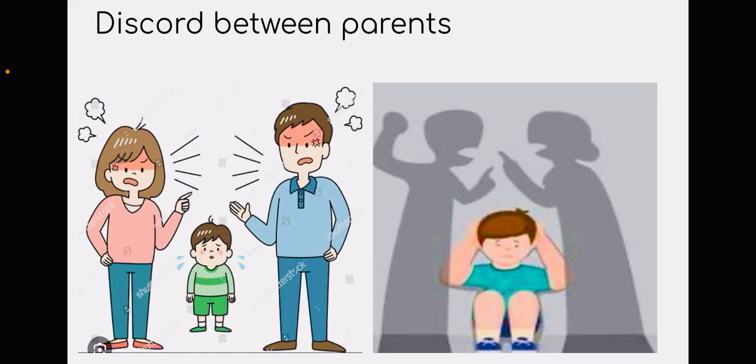So the child will remember that, they will live with that trauma, and they have seen fights or sadness, but the child could not share, they could not react. Now they have suppressed that sadness and they will remember it for a very long time.